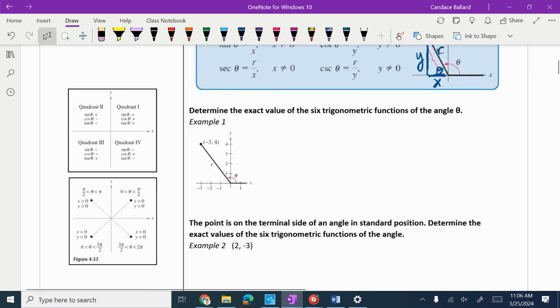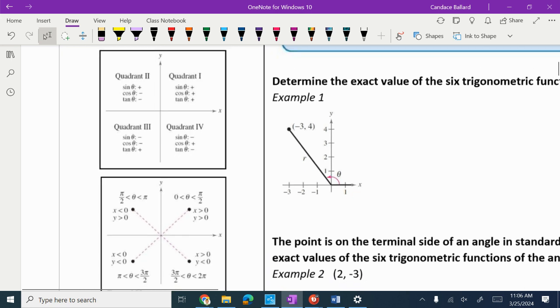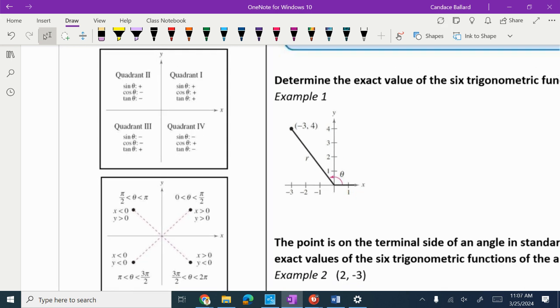This little picture to the side is two ways to say the same thing, and it's already stuff you know. This is telling us what's positive in quadrant 1, which is everything. This is telling us what's positive in quadrant 2: sine and cosecant, and everything else is negative. In quadrant 3, tangent and cotangent are positive, and everything else is negative.